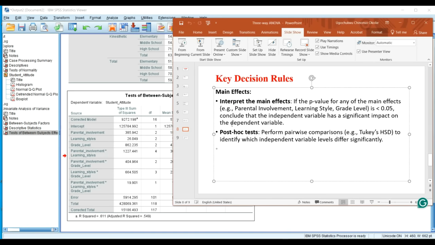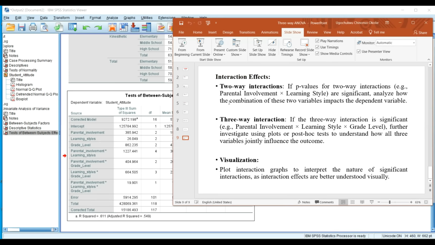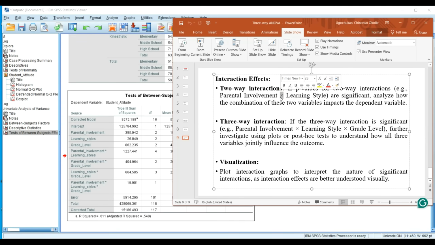So let's also look at that. For the interaction effect, if the p-value for a two-way interaction, and this is a two-way interaction here, parental involvement by learning styles. This asterisk here shows the interaction. This is how you write that: parental involvement times learning styles signifies an interaction effect. You use the multiplication sign to illustrate interaction between two independent variables.